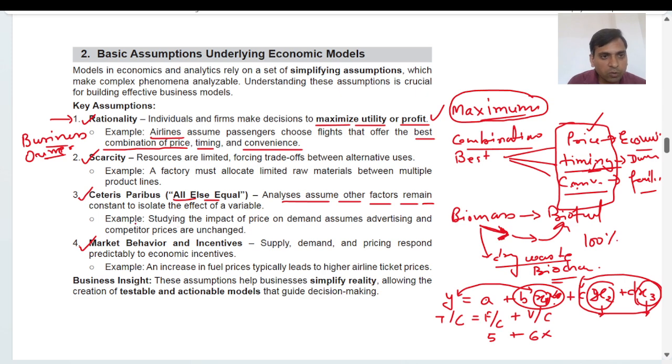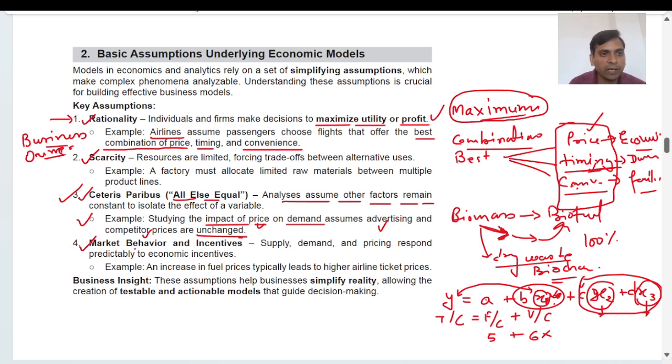So one more example is there. Studying the impact of price on demand assumes advertising and competitor prices are unchanged. So when we fix the price, we will consider only the demand. We will not consider other factors like advertisement expenditure or competitors' prices. These are the same. There is no change. So this concept is considered as ceteris paribus, or all else equal.